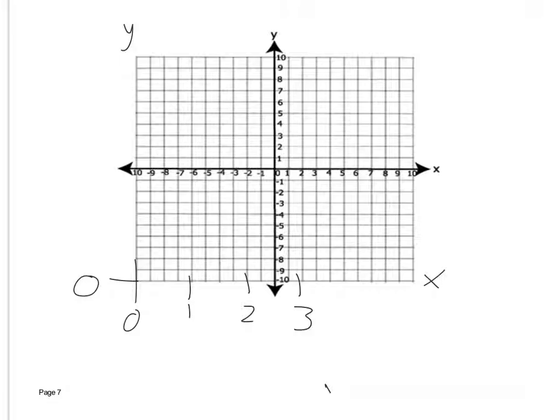What about my y's? What coordinates do I want to go with my y's? What do I have to have on there? 0, 1088, 2176. So what do you think I want to go with? If I went by hundreds, would I make it all the way?